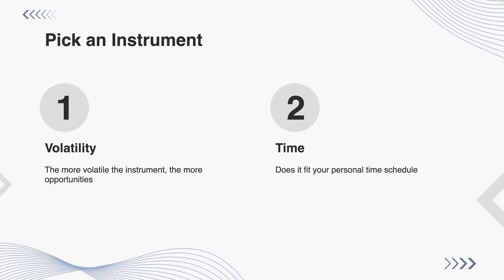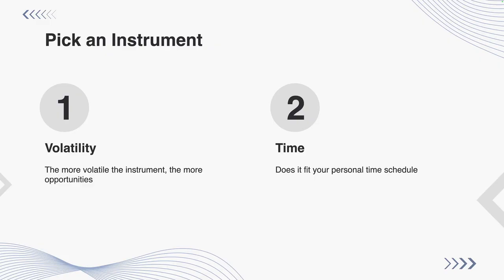Then the second part of how to pick an instrument is: does it fit your personal time schedule? The kill zones we discussed for Forex majors, if you're going to focus on EU, for example, Euro, US dollar, then you might want to trade the London kill zone. But if you're like me and you are in South America, or in North America, in that American time zone, then it's not very nice to trade in the middle of the night.